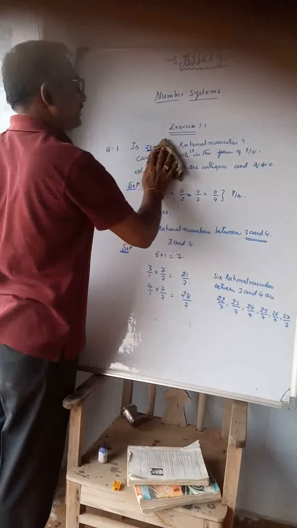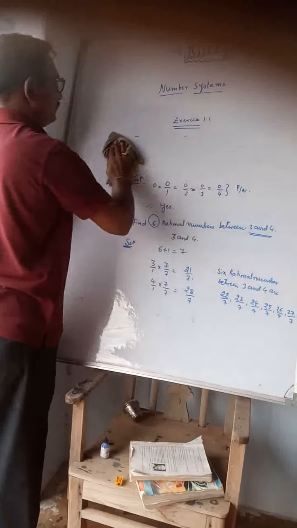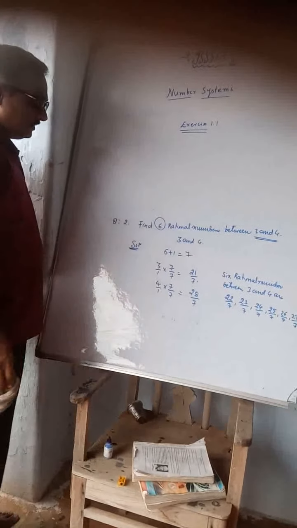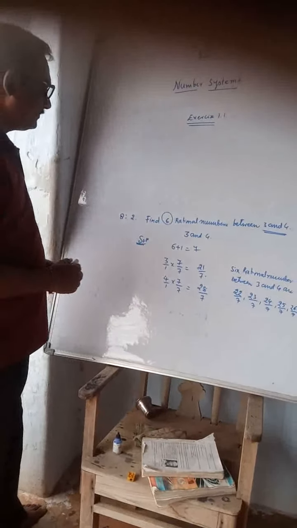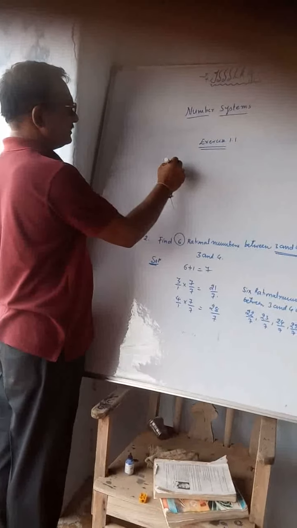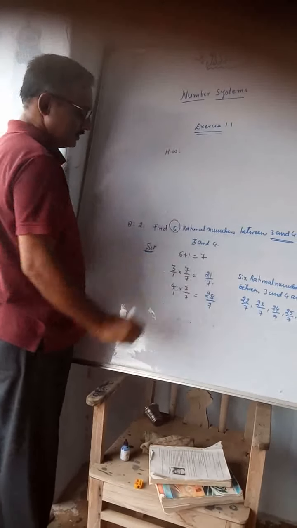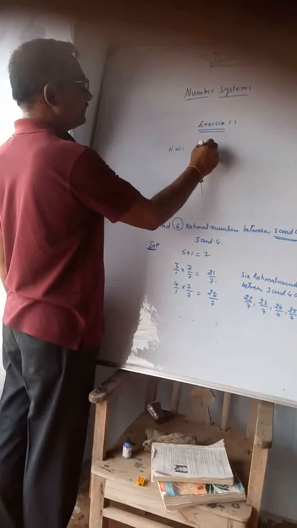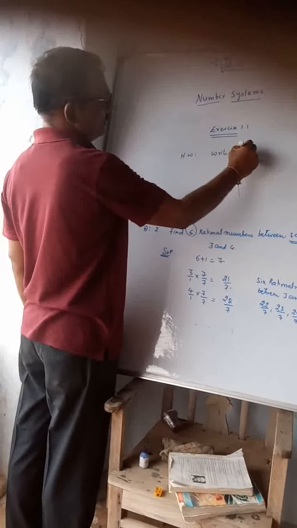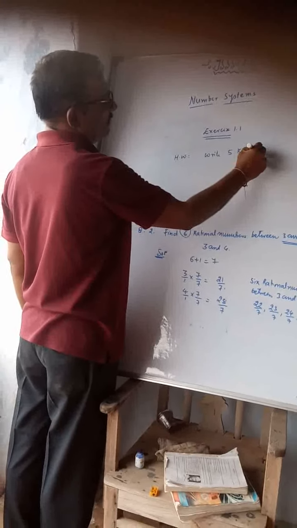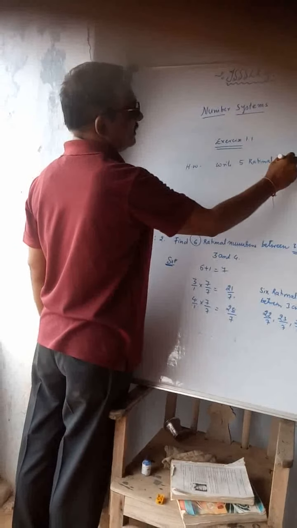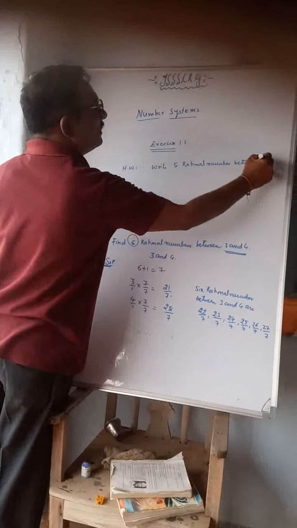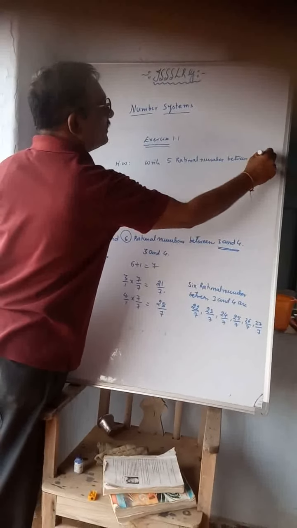Now you can work out a few homework sums on this one. I will give you a few examples which you are going to take as homework. The first one is write 5 rational numbers between 4 and 5.